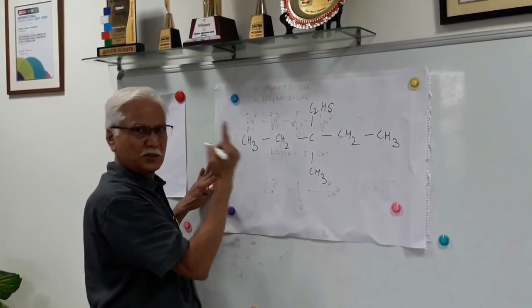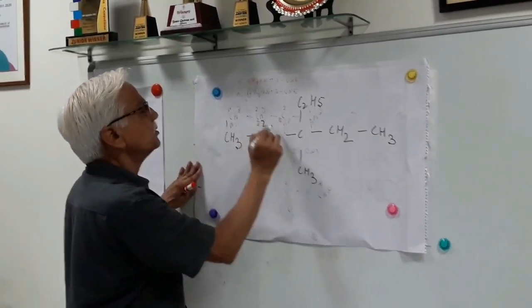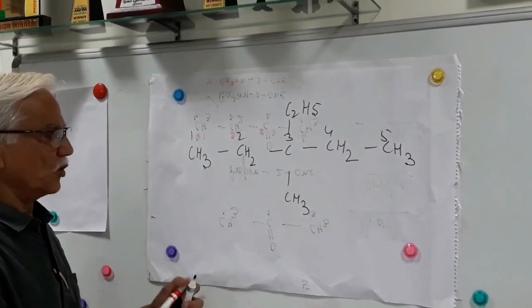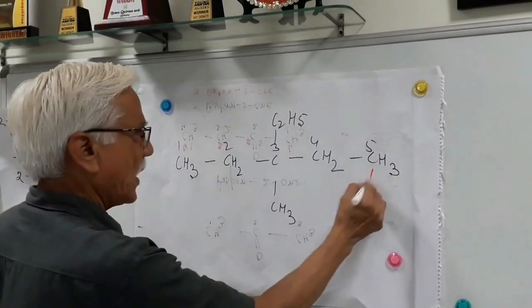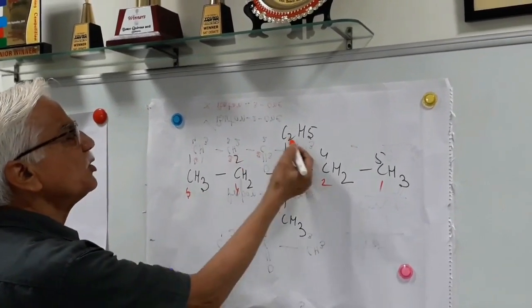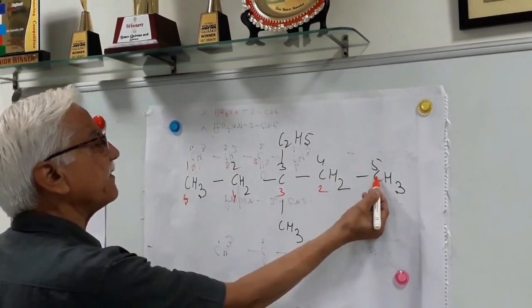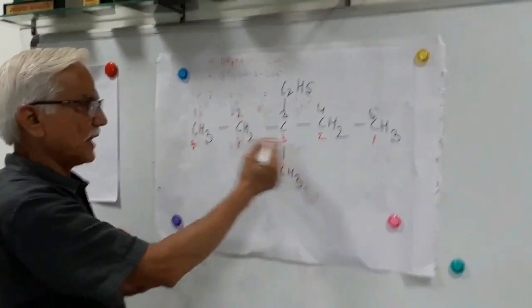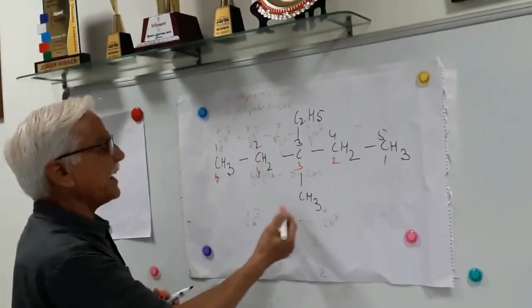So first, the first rule: longest chain, 1, 2, 3, 4 and 5. If I go from this side, 1, 2, 3, 4 and 5, or 1, 2, 3 and 4. So 5 is maximum.